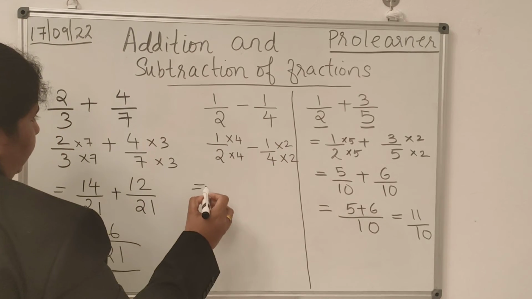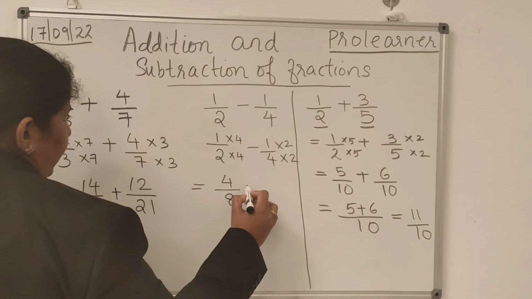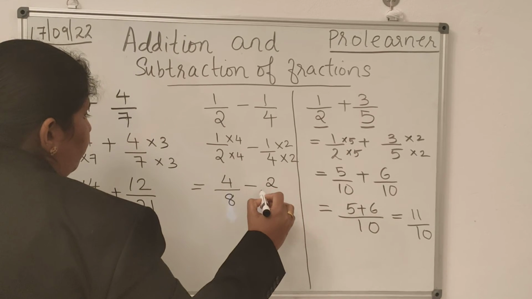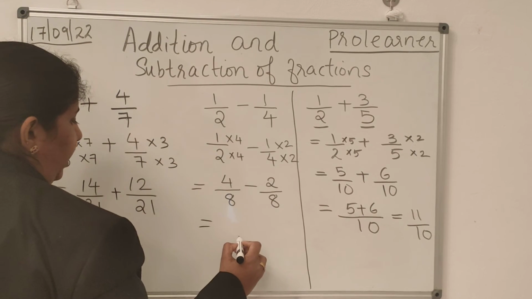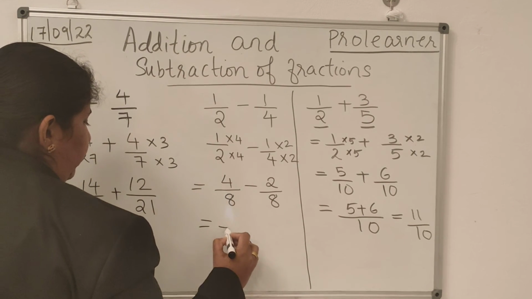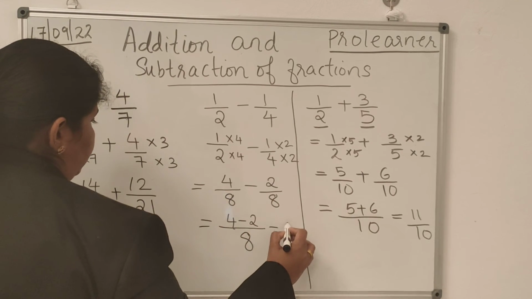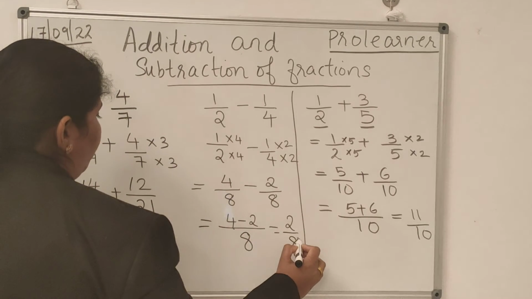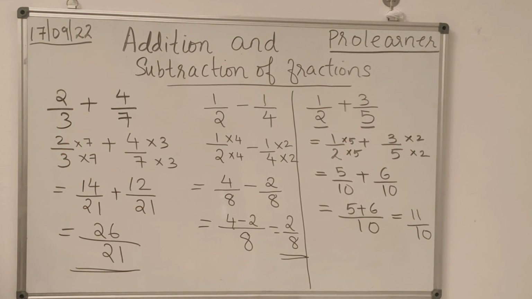Now tell me what is the answer? 1 times 4 is 4, 2 times 4 is 8, correct? And 1 times 2 is 2, 4 times 2 is 8. See, they became like fractions. So what we have to do? The denominator remains the same. We have to subtract the numerators. So the answer will be 2 over 8, which can be further simplified as 1 over 4.